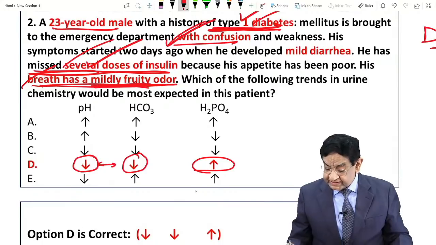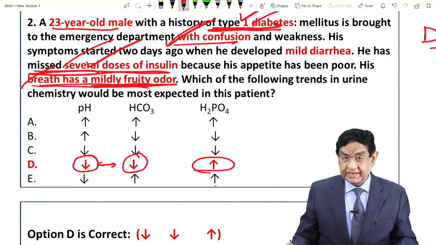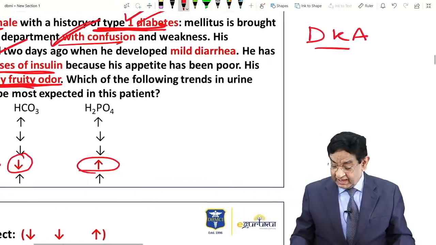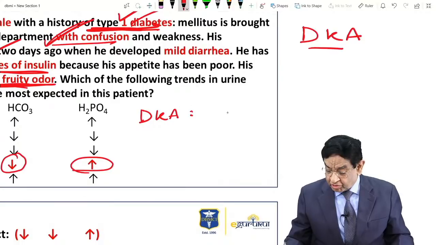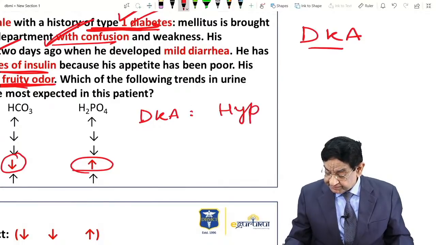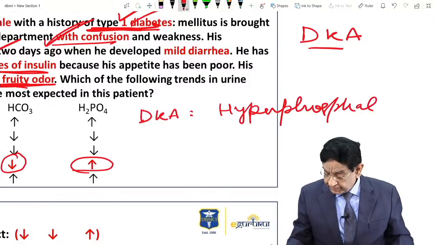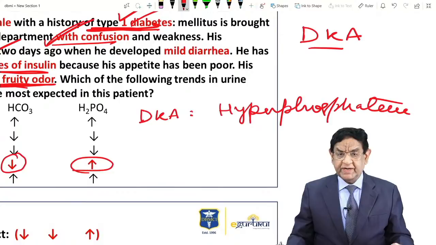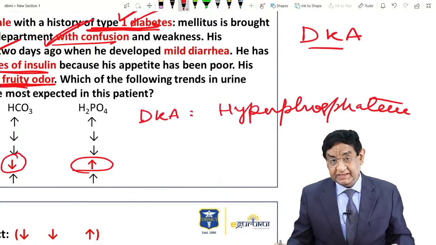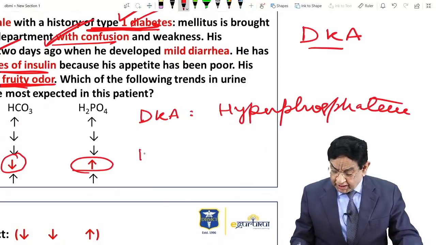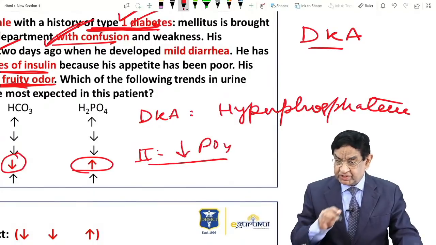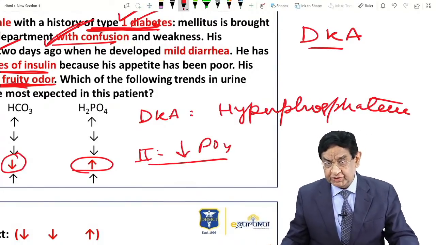And due to this acidosis, the phosphate level goes high. DKA is a very, very important cause of hyperphosphatemia. Serum phosphate level increases in DKA. Point to be noted: in type 2 RTA, the serum phosphate level went down because there was loss of bicarbonate and phosphate in the urine.